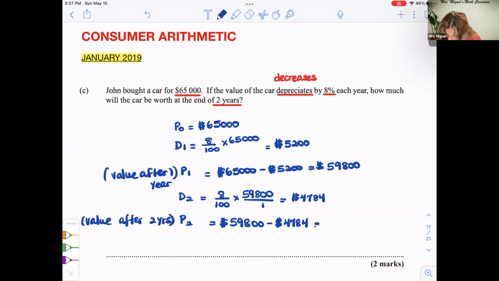The answer is $55,020. Did you all get it? No, sorry, 59,800 minus 4784 is $55,016. Did you all get it? Yeah, miss.